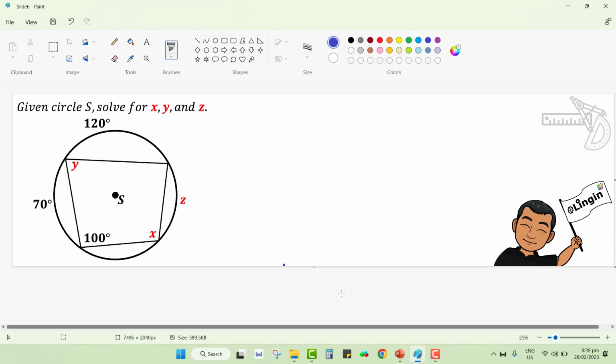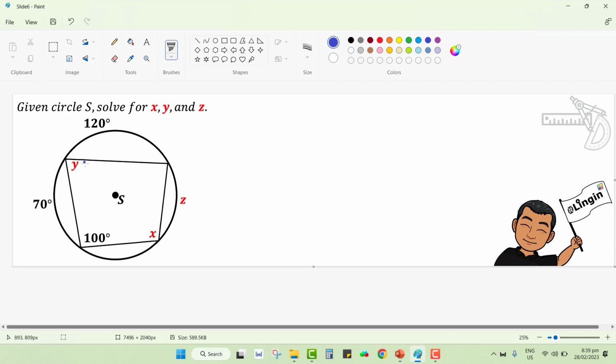But first, let us try to determine what x, y, and z represent. X here is this angle, specifically an inscribed angle, which intercepts the arc that measures 70 degrees, in combination with the arc that measures 120 degrees.